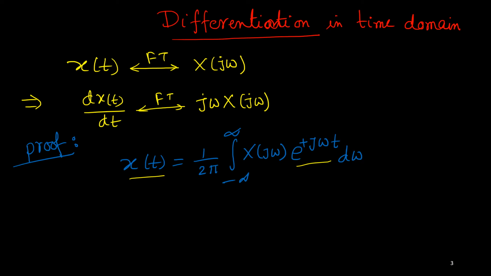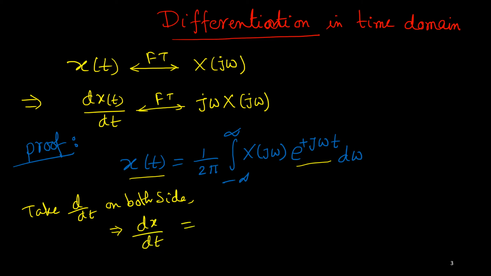So if I take the derivative, d dt on both sides, what do you get? The left hand side will become the derivative of x, and on the right side it is 1 upon 2 pi.